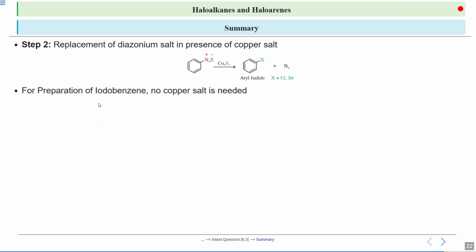For the preparation of iodobenzene, no copper salt is needed. You just take the diazonium salt, warm it a little with potassium iodide solution, and after a little shaking you will get iodobenzene as your major product plus N2 gas. These are the methods that we have covered for the preparation of haloarenes.